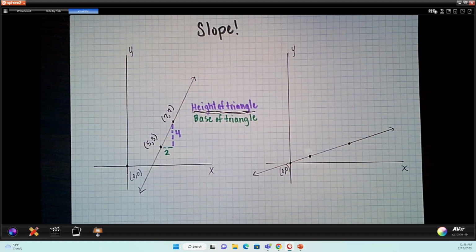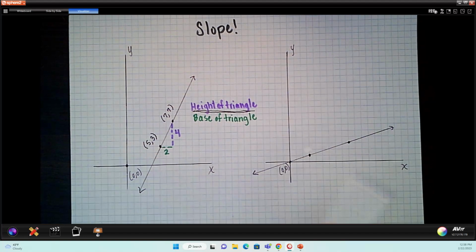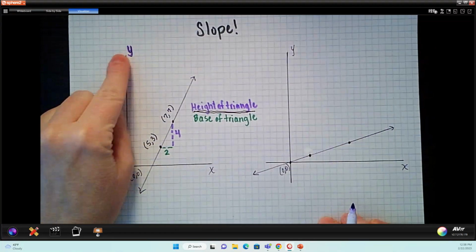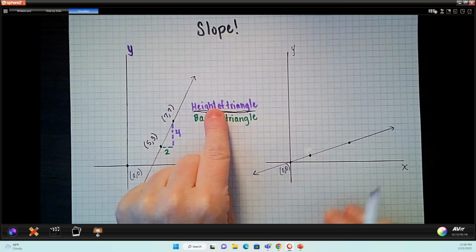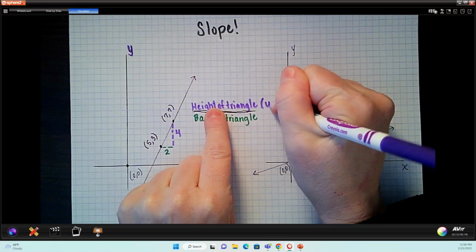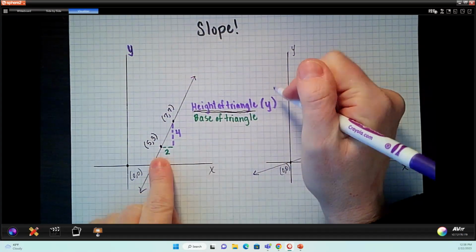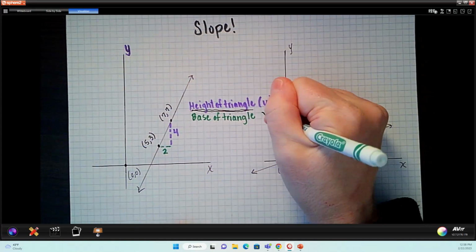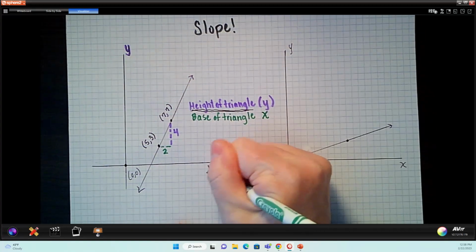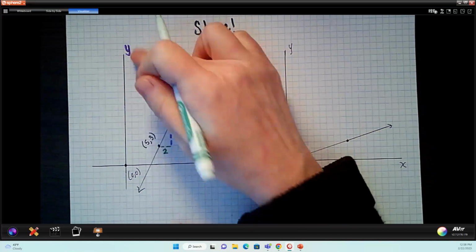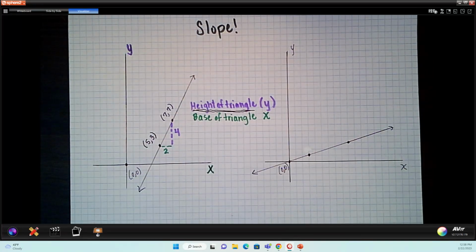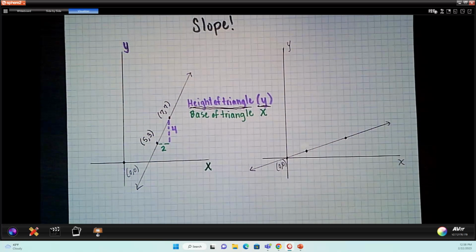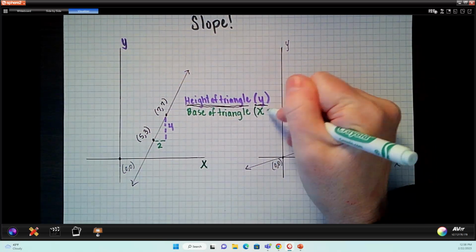The height of the triangle, which we also consider the y, the y-axis is the height, and the base of the triangle is the x. Base is the x, the height is the y, and we're just trying to figure out what that relationship is between the x and the y.